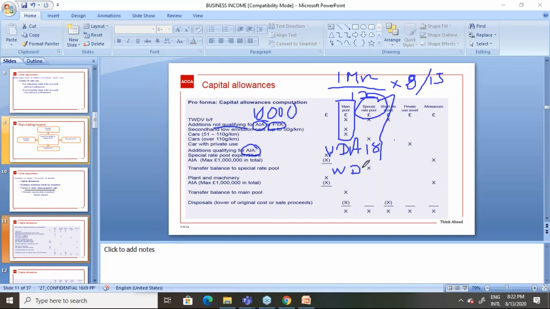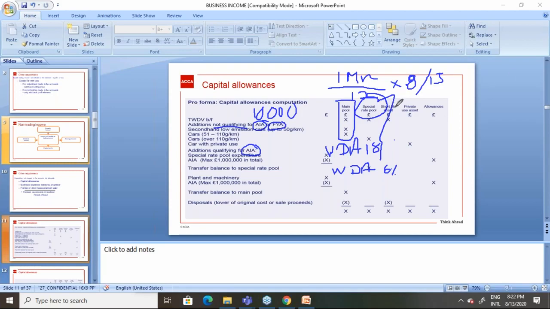So that's the difference. So most of the time, high emission motor cars where the carbon dioxide emission is more than 110 grams per kilometer are included in the special rate pool where you can claim WDA at 6%.